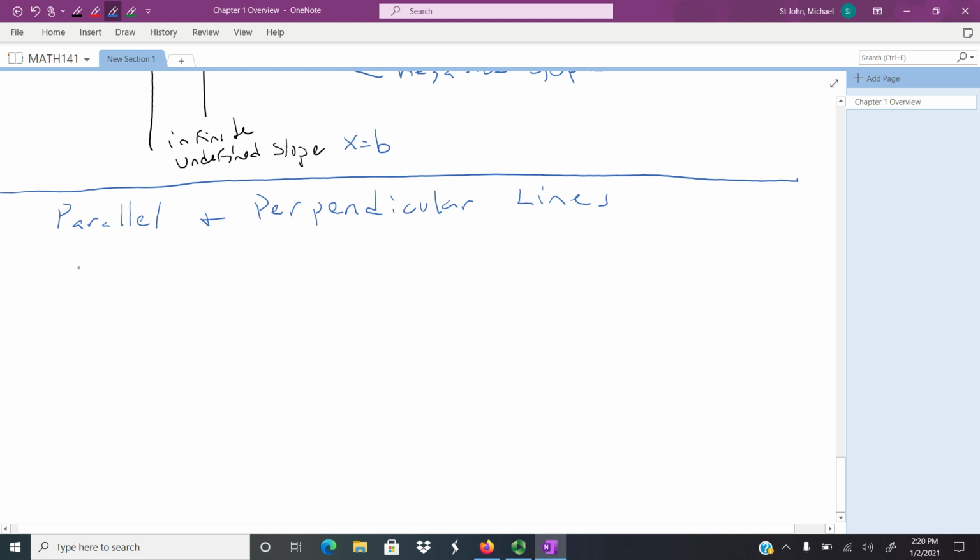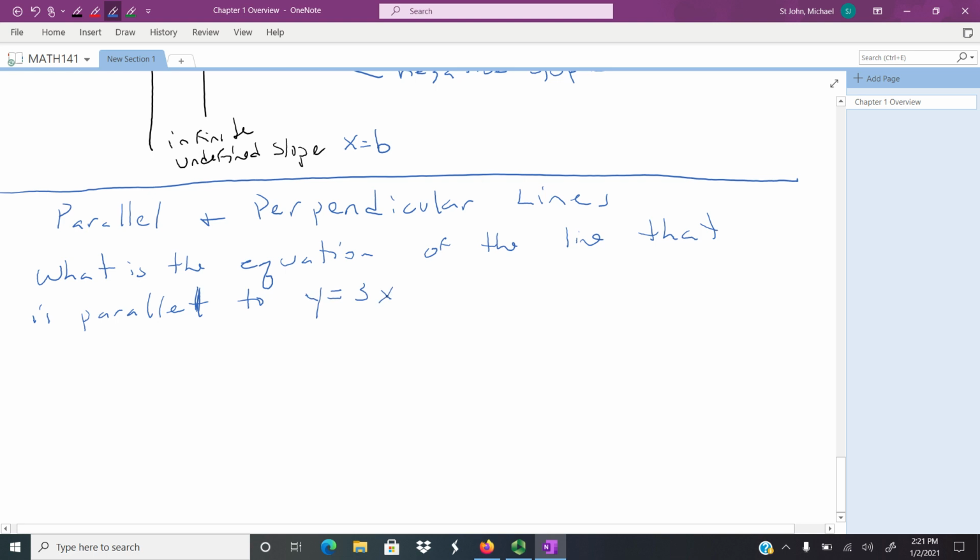So, for example, if I said, what is the equation of the line that is parallel to y equals 3x plus 4 and goes through the point (5, 2)?